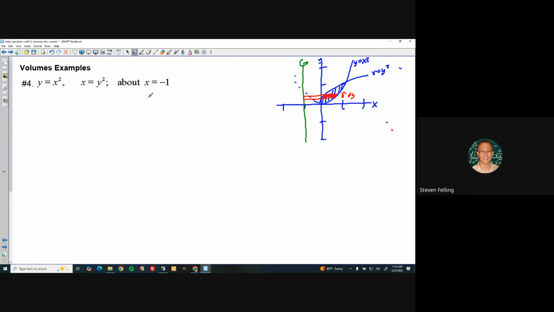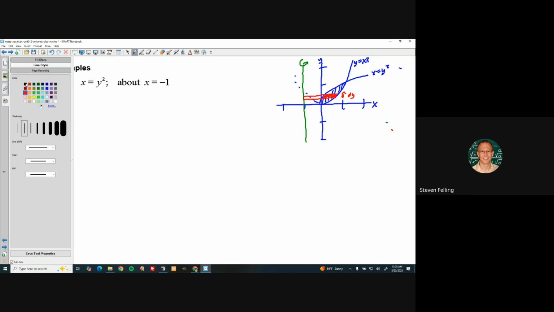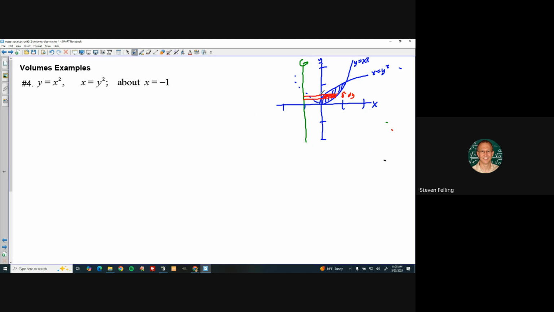Right? And then that means we have 2 radii. There is a small r that goes just to the edge of the hole, and then there's a larger R that goes all the way to the edge of the rectangle. Okay, so let's look at the larger R first. What establishes the larger R is this boundary here, which is y equals x squared.